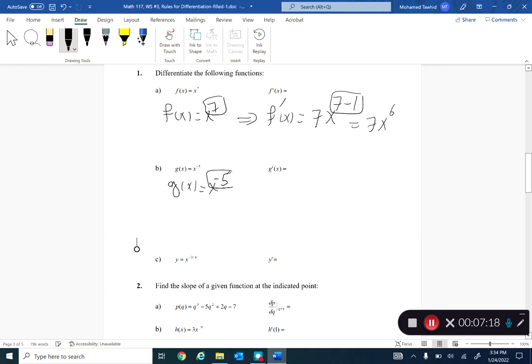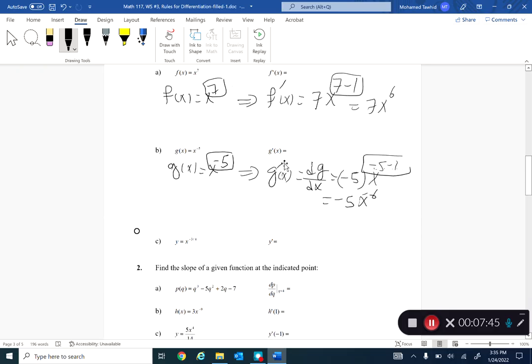What is your n here? My n is negative 5. So your g prime, the derivative, or sometimes we call it dg with respect to x, because your g is a function in x. What is the derivative? Your n is negative 5, I put it between brackets, and here minus 5 minus 1. So that is your n minus 1. You simplify that, you have negative 5 x to the power negative 6. Negative 5 minus 1 gives you negative 6. All right.